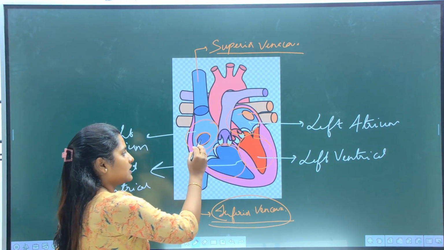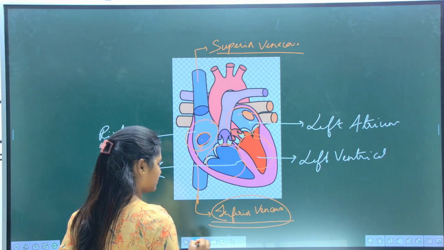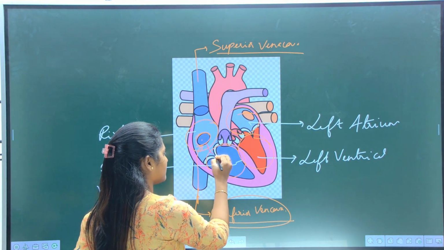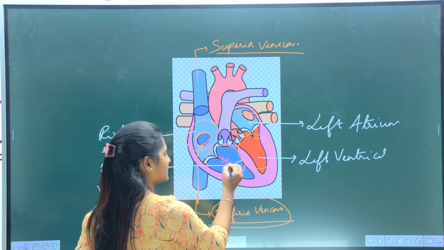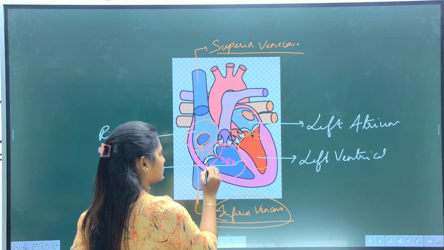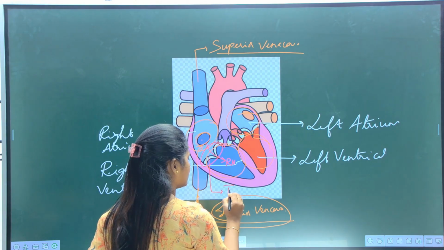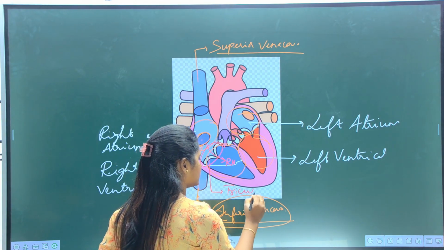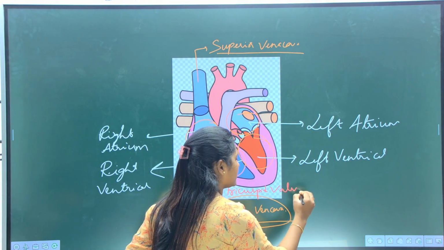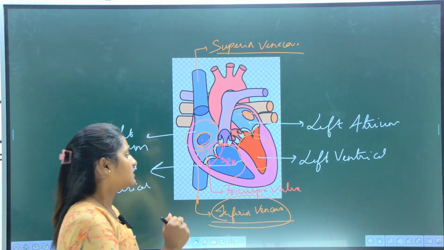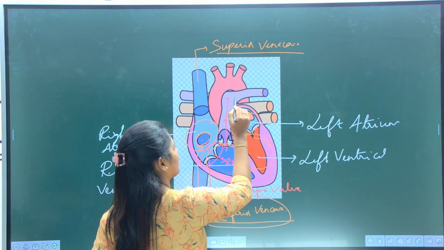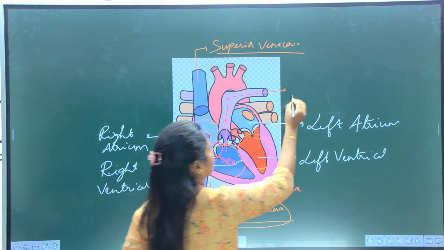Both transfer the blood to the right atrium. The right atrium transfers deoxygenated blood to the right ventricle with the help of the tricuspid valve. So this is known as the tricuspid valve. From the right ventricle, the deoxygenated blood is passed through the pulmonary artery.